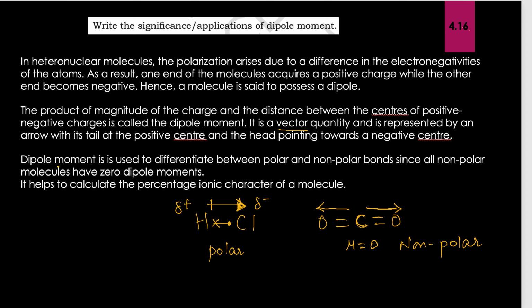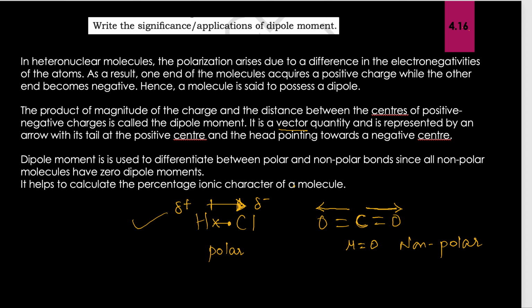Now coming to its significance. Where are we going to use it, and what is the purpose of it? What is the application? When you look at dipole moment, it is used to differentiate between polar and non-polar bonds, since all non-polar molecules have zero dipole moment. That's exactly what we just saw. It is used to distinguish a polar and a non-polar molecule.